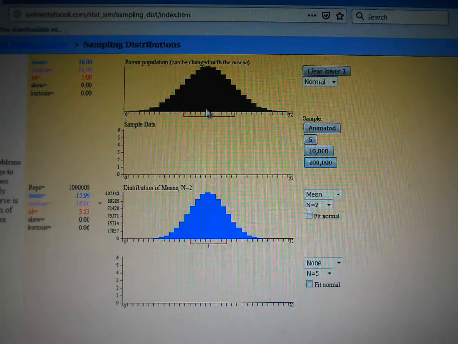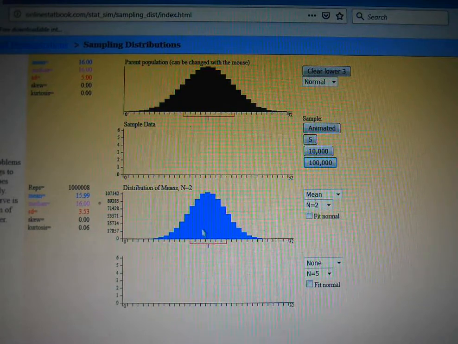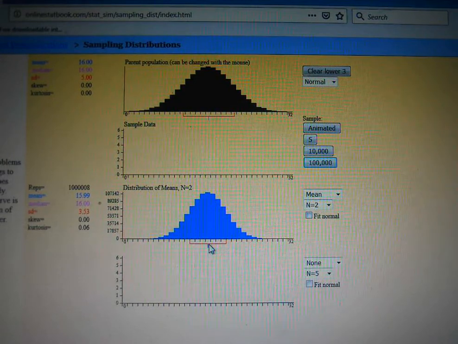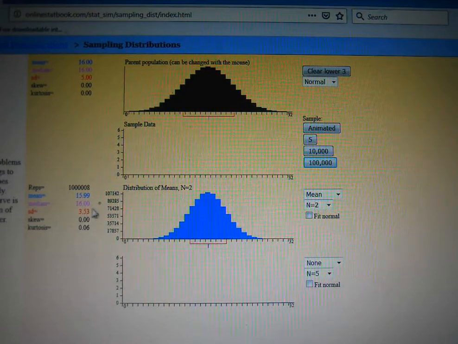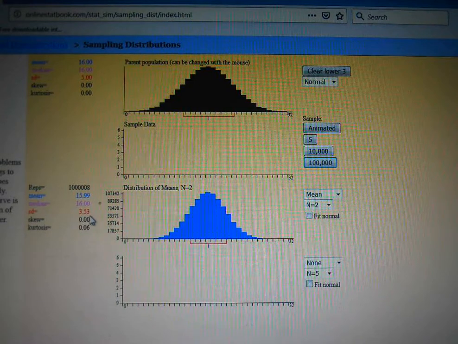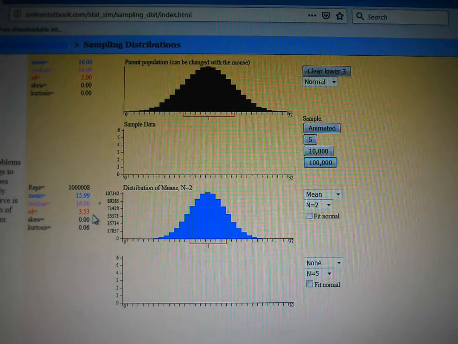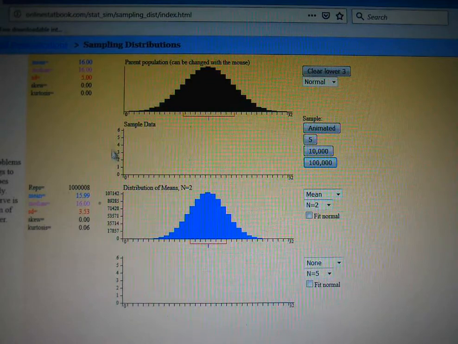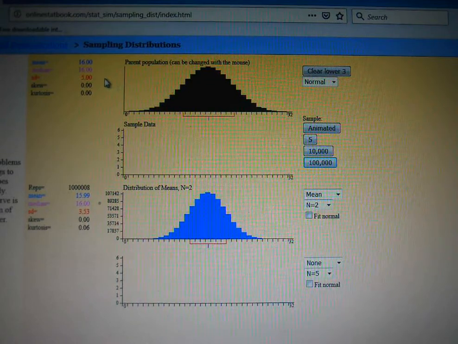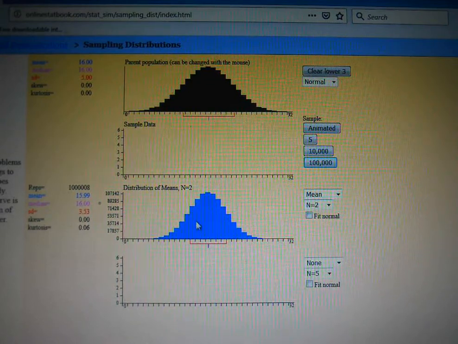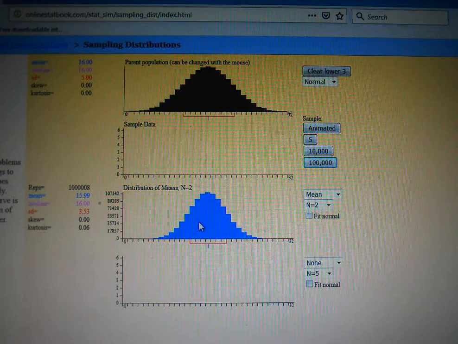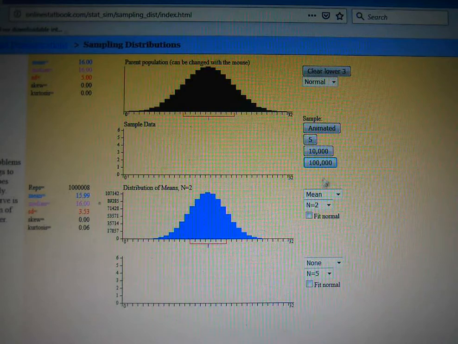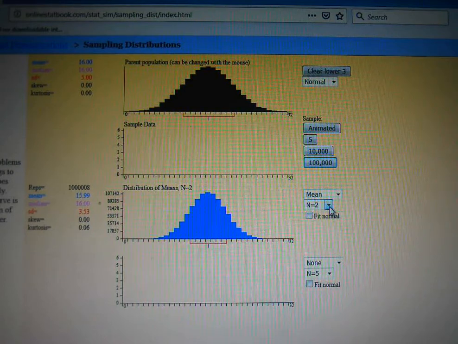Basically saying the center right here is the same center for both distributions, right about 16. Now notice the standard deviation, which measures how spread out the data is, or the variation in the data. Well, down here it's about 3.5, and in the original it was about 5. So that's just saying that the sampling distribution of sample means is more narrow than the original. Okay, so those are samples of size 2.